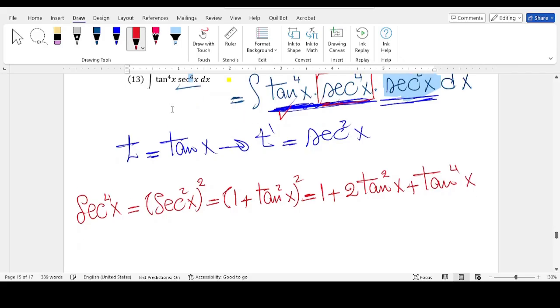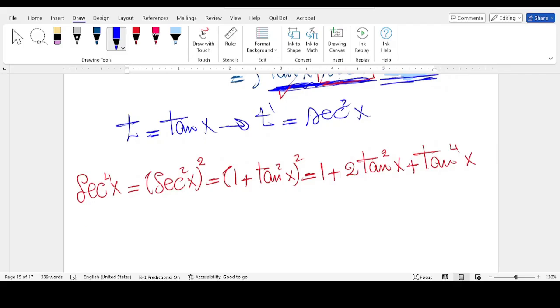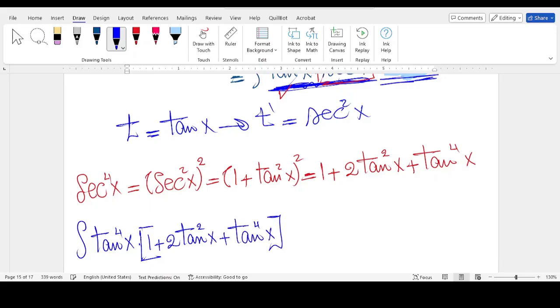Substituting for the sec power 4, we will get the integration of tan to the power 4x times 1 plus 2 tan square x plus tan power 4x times sec square x dx.